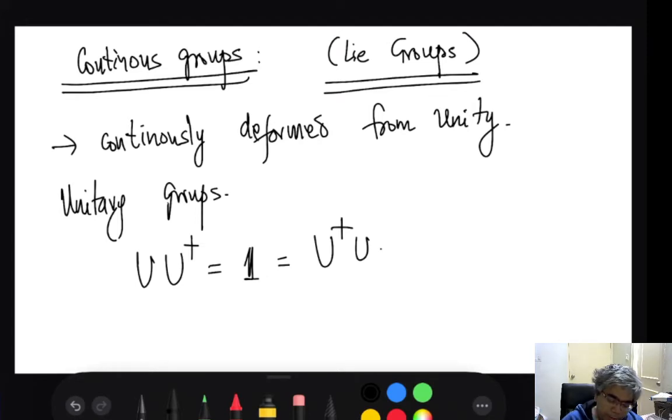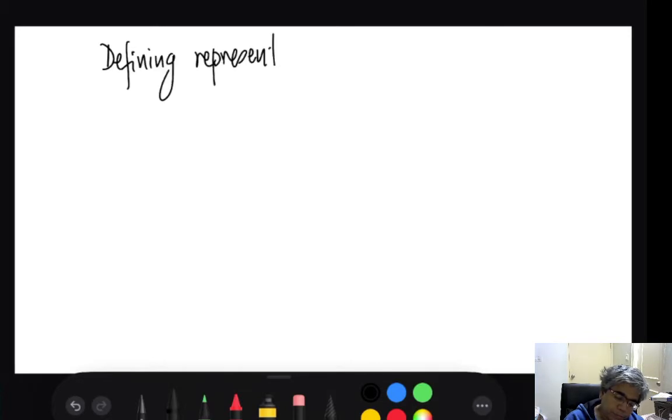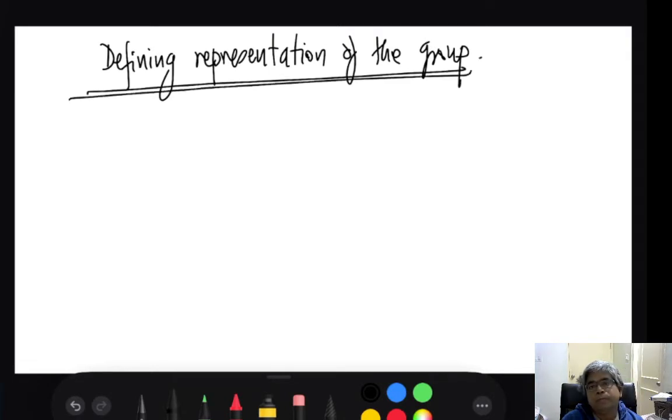Now, in this case, instead of having an abstract definition of a group, you will have something called a defining representation of the group. That means the group itself is defined not in terms of abstract quantities, but in terms of a representation itself, in terms of a matrix, compared to the other cases.